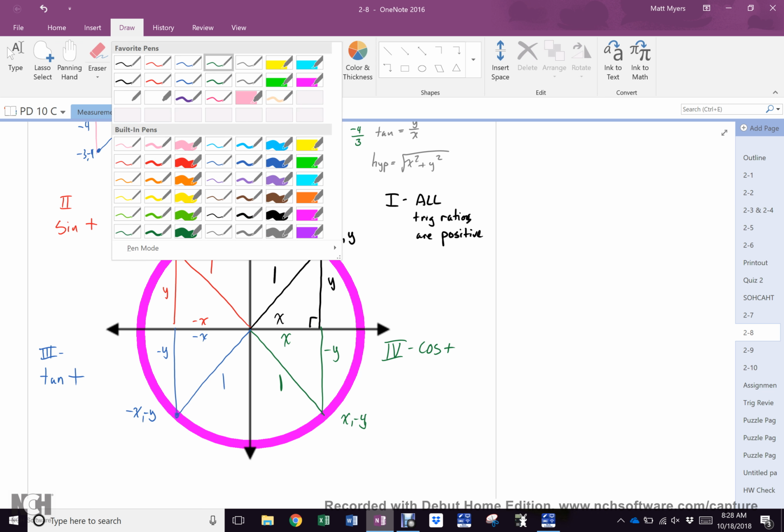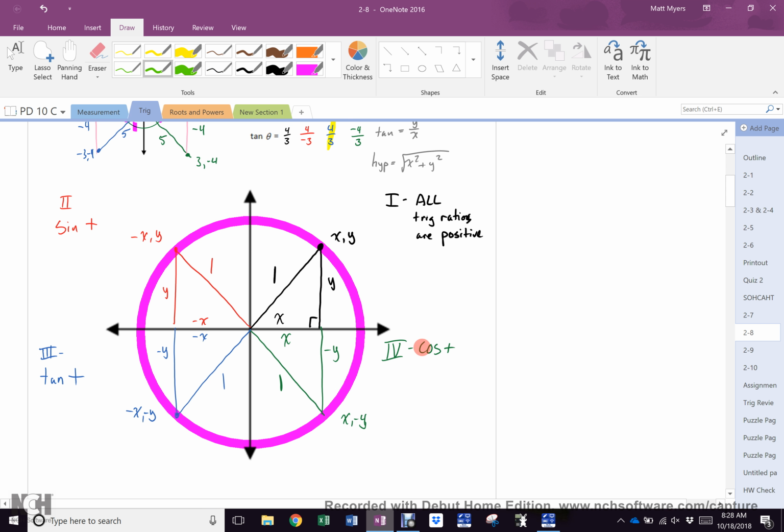Let's go with a nice, solid, light green. What letter is that? C. What letter is that? What letter is that? What letter is that? CAST. Because remember, in trig, we go counterclockwise for positive angles, yes?